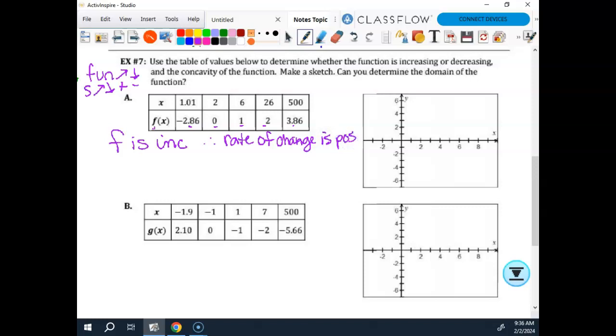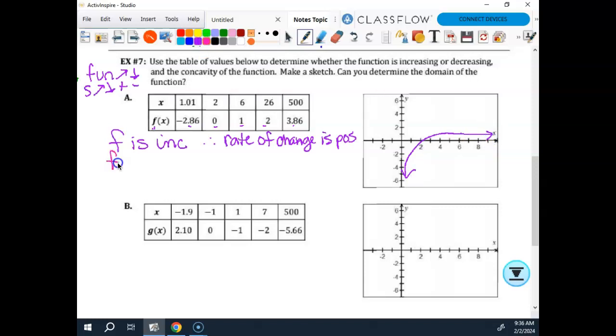Now, whether or not this is concave up or concave down, we can graph it, so let's go ahead and graph it. I'm going to go to a little bit more than 1. That's the best I can do, so it's going to look something like that. So is this concave up or concave down? Down.